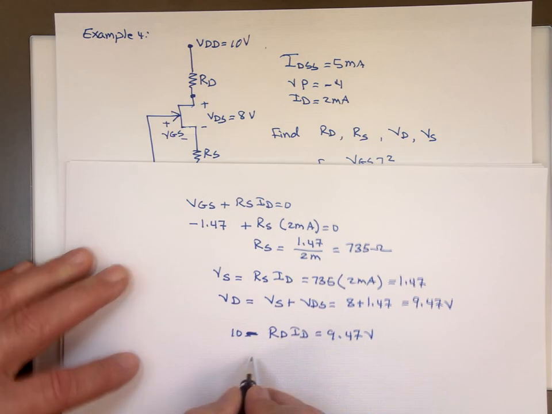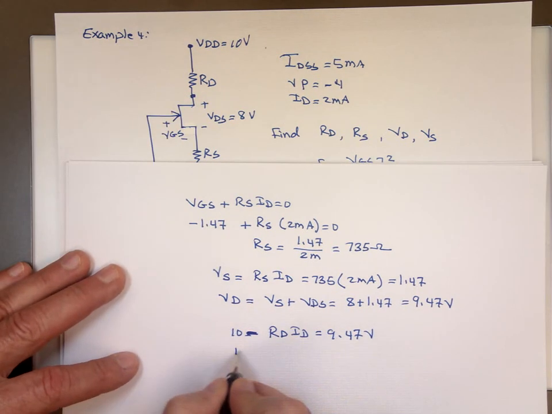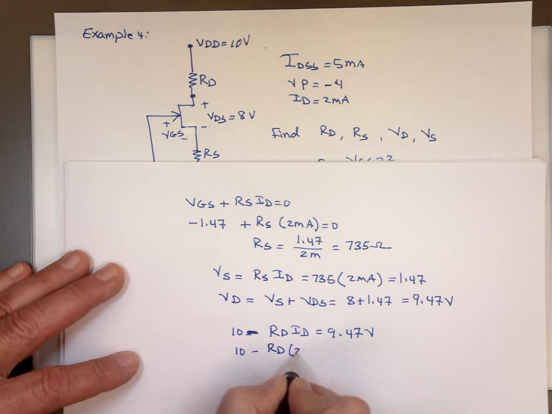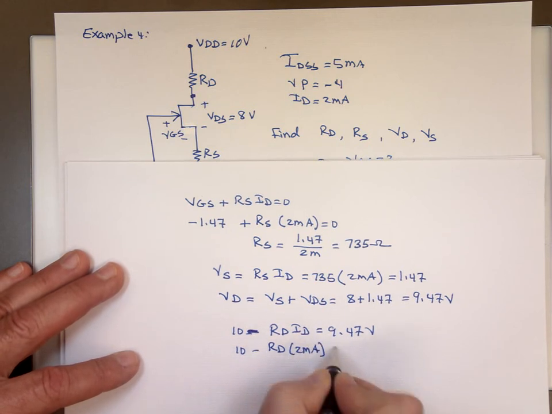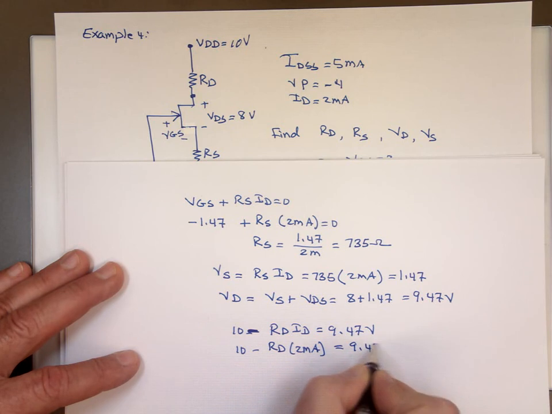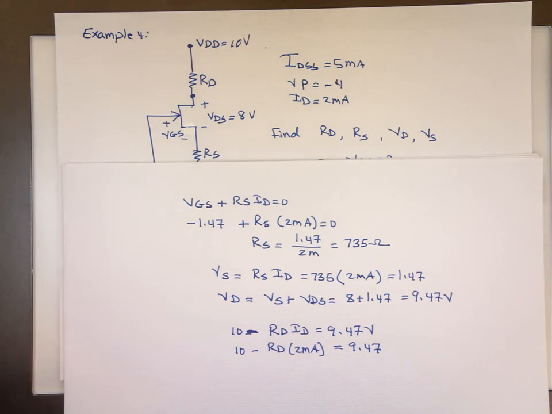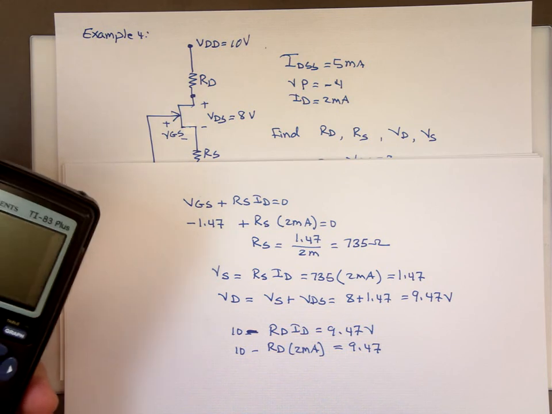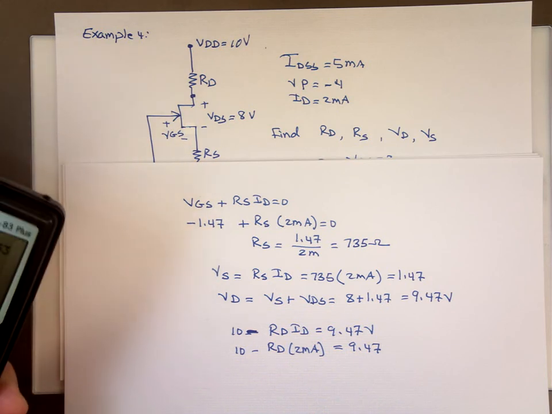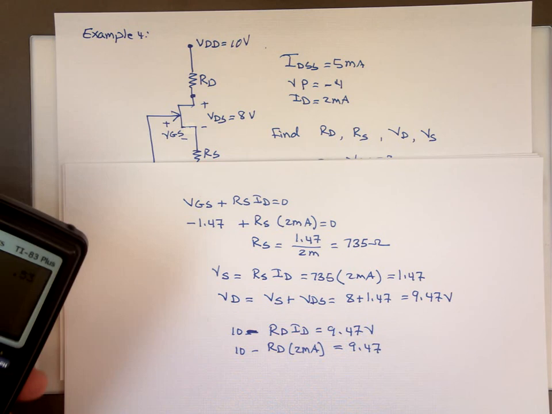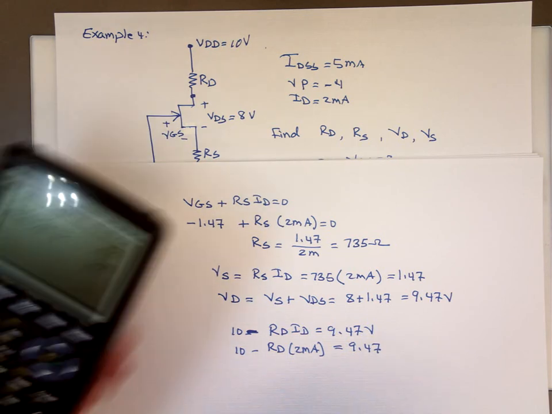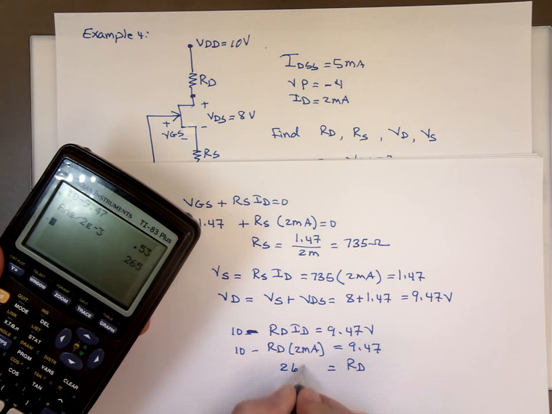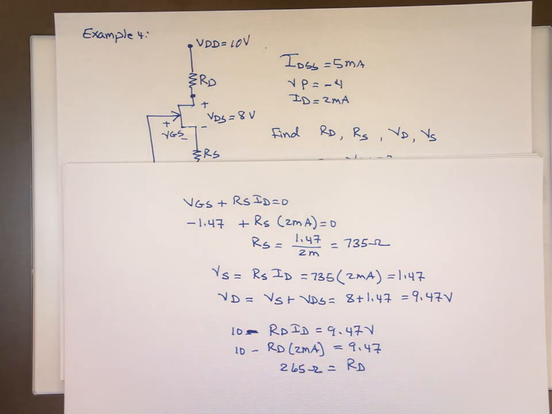We know what I sub D is: 10 minus R sub D, which is unknown, times 2 milliamp equals 9.47. Quick math: 10 minus 9.47 divided by 2 times 10 to the negative 3, and we have R sub D equal to 265 ohms. I'll stop the video now because there's a class coming after me.